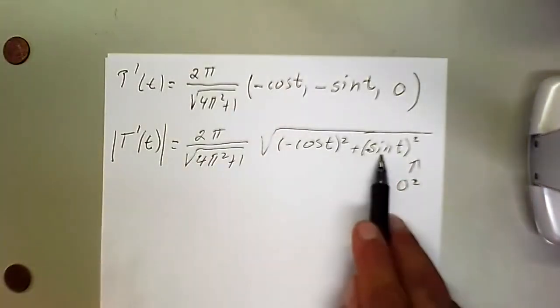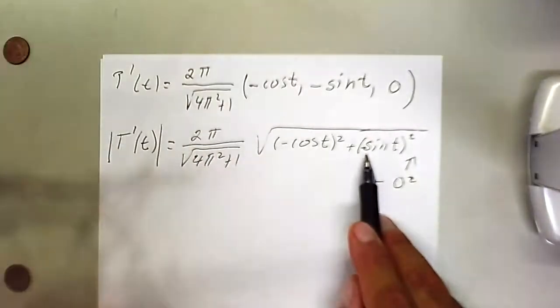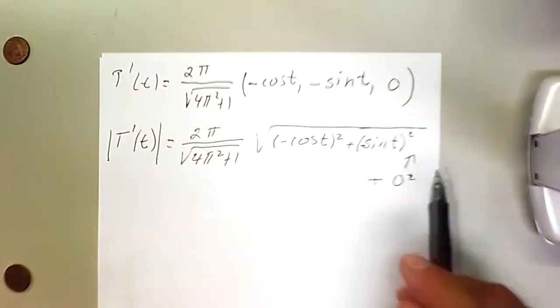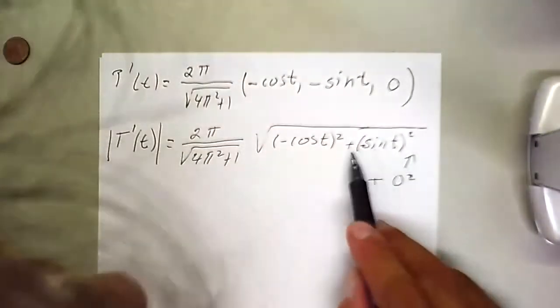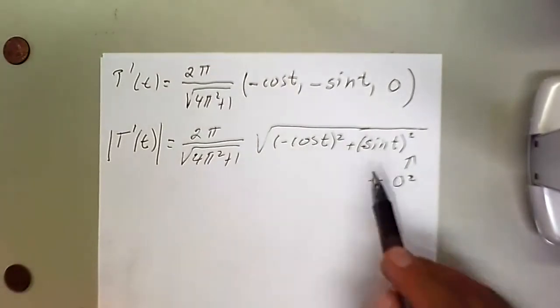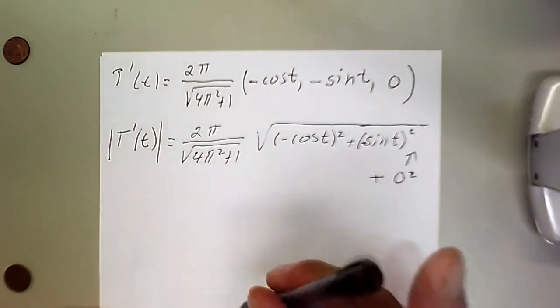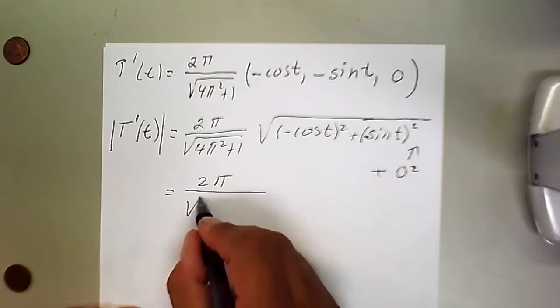I missed the negative there. Anyway, don't forget in your work, I take points off if you miss negatives, such as the one I was missing there. So negative cosine squared plus negative sine squared is going to be cosine squared plus sine squared, and that's of course 1. So this is just 1, and the magnitude is simply 2 pi over the square root of 4 pi squared plus 1.